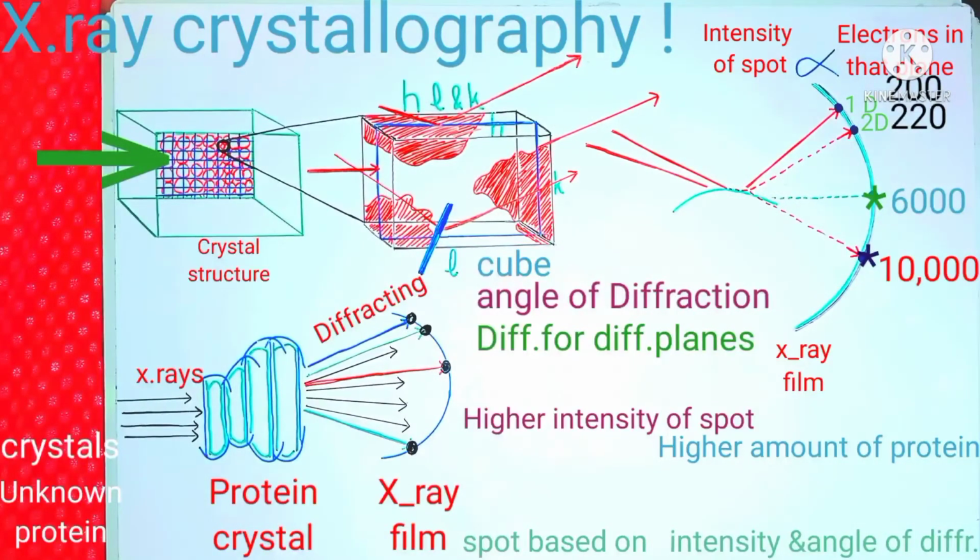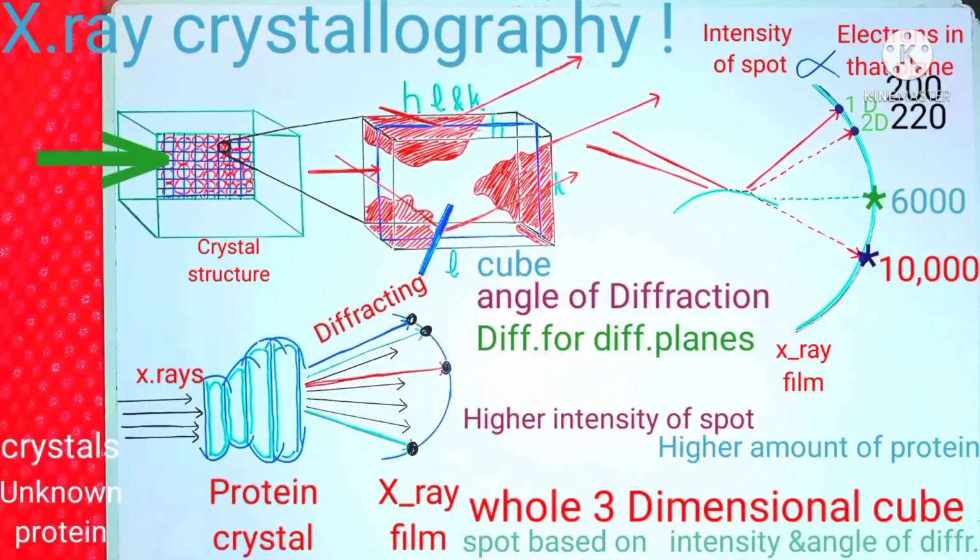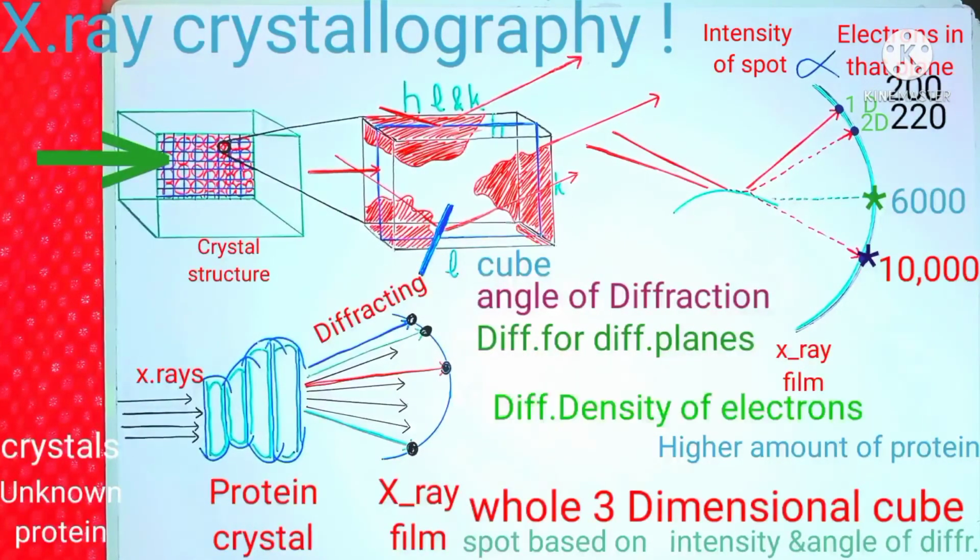We know both these things for one small unit cell, and all of the data is fed into the computer. Now go back: as we divide the actual crystal into, let us say, 300 small units, we get the data about each unit, and then we compile the data for all 300 units, which gives us an idea about the whole three-dimensional cube and the different electron densities in that cube.